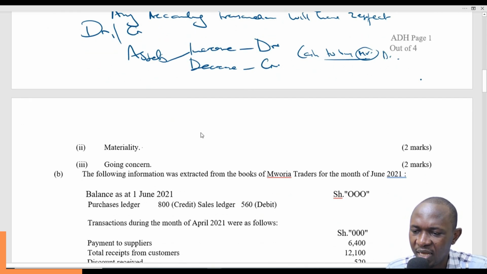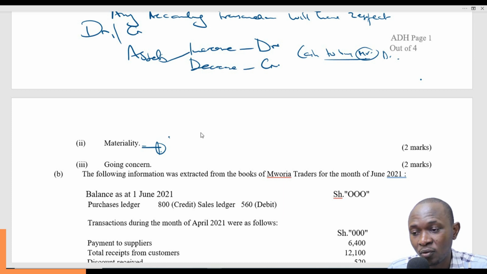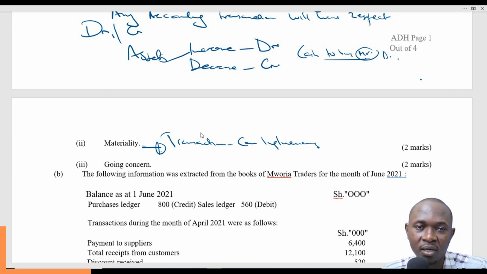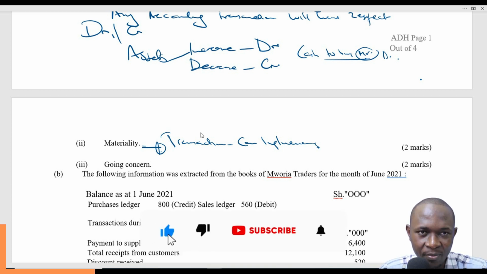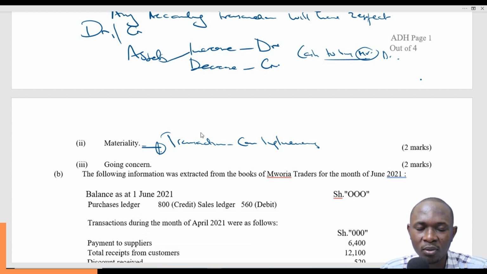Then we have the materiality principle. It basically says that we should not leave out any transaction unrecorded that can influence the decision making process of whoever is going to use the accounting information. So anything that we think is going to be significant, will have an impact in the decision making process, is considered as material, and if it doesn't have any impact, then it's considered as immaterial.